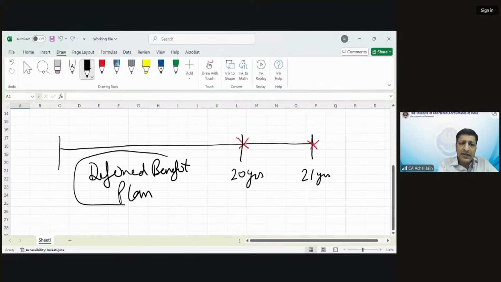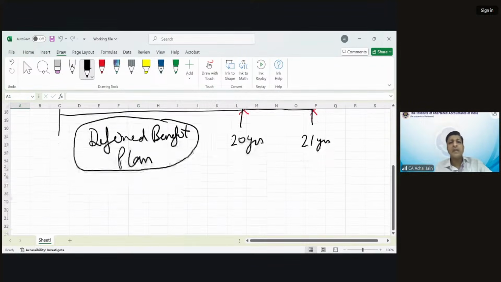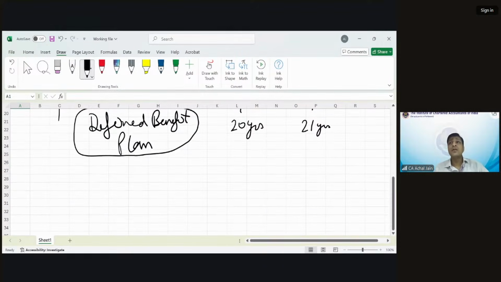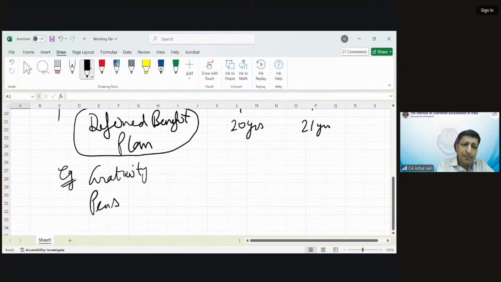So we are saying that different defined benefit plans are possible. There are a lot of benefits which can become a defined benefit plan or which can fall within its purview. For example, gratuity. Similarly, pension.